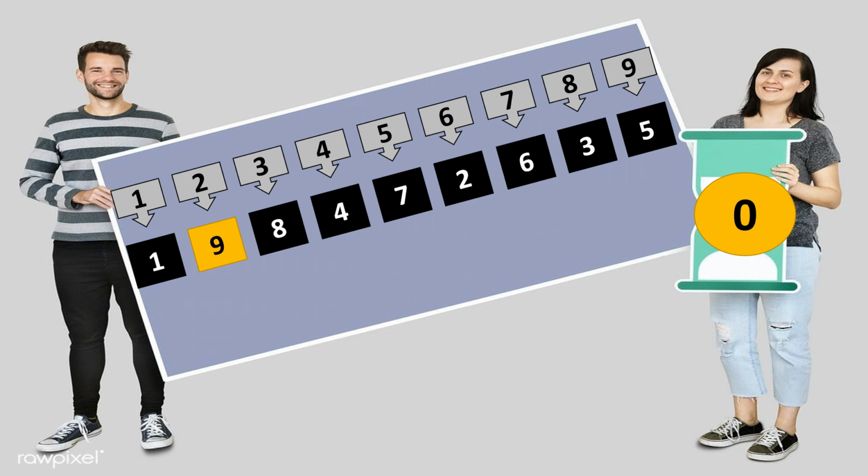A sorting cycle is the number of swaps it takes so that the last displaced swapped item is back in its correct order. So here the 9 needs to be placed back to its original position, that is the 9th position.